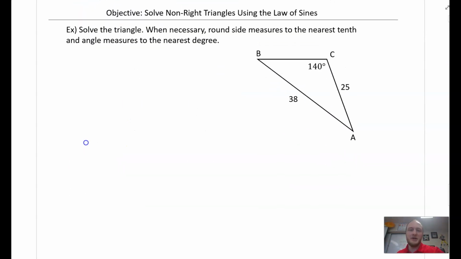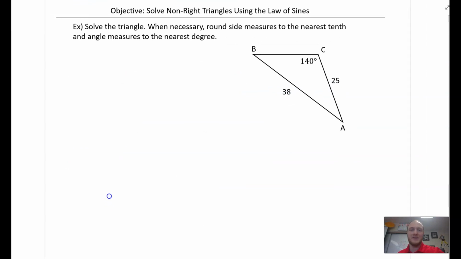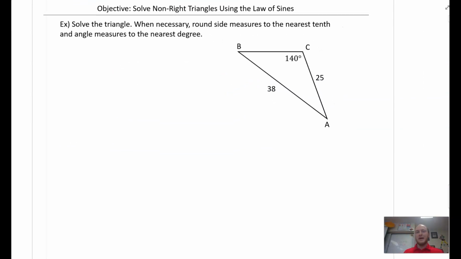Okay. All right. So here is another example, and we're asked to solve the triangle. Again, round accordingly. Sides to the nearest tenth, angle measures to the nearest degree. Again, I'll color code. That kind of tends to help. So here's angle C. Notice C is paired up with side 38, right? And in order to use the law of sines, I have to have corresponding sides, right? I can't go ahead and solve stuff if I don't have matching sides.